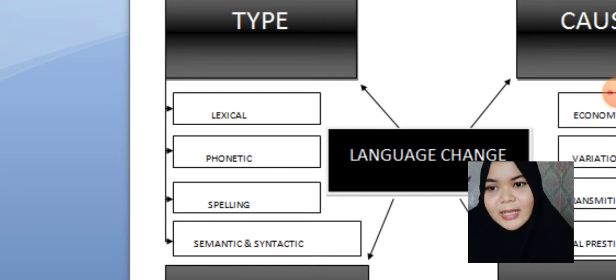And the syntactic change means more like the rules are changing. For example, when people say "I want to," it becomes "I wanna," so the rules are changing. It's not "I am going to" anymore, it's "I wanna."